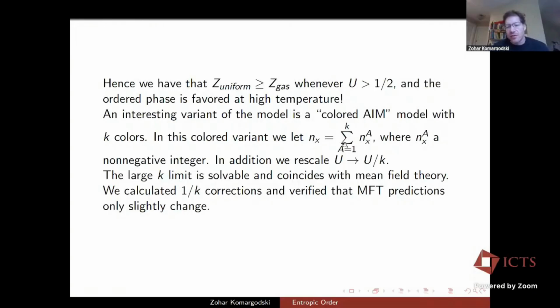If you assume that every non-negative integer is the sum of k independent non-negative integers, the model becomes solvable, and you can do a systematic 1 by k expansion. We spent a lot of time analyzing it, and it's a very good approximation to the model with k equals 1, where mean field theory is incorrect.